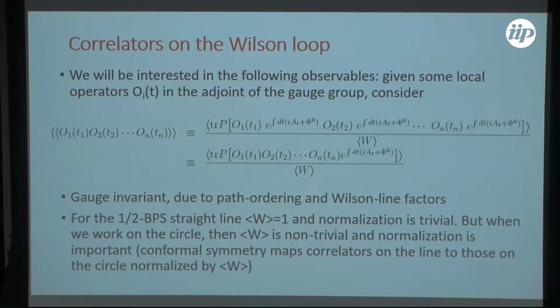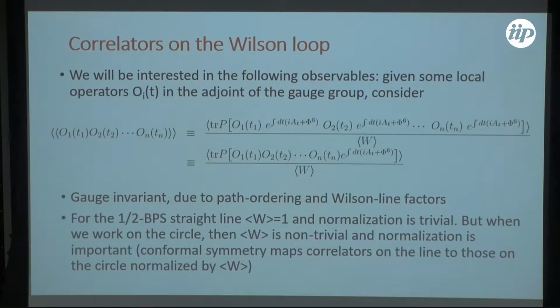In this definition I'm also normalizing by the expectation value of the Wilson loop. This is trivial for the straight line, but it's relevant for the circle where the expectation value is non-trivial. And correlators normalized this way on the line and circle map to each other by a conformal transformation, simply transforming the straight line to a circle.